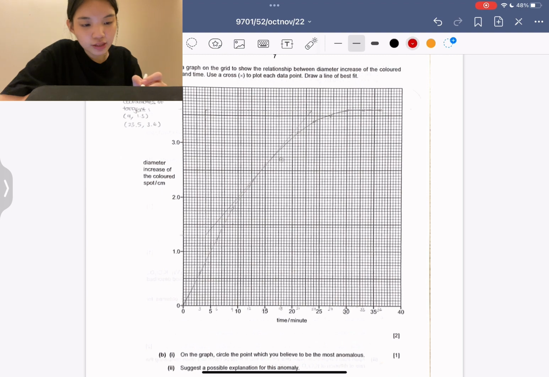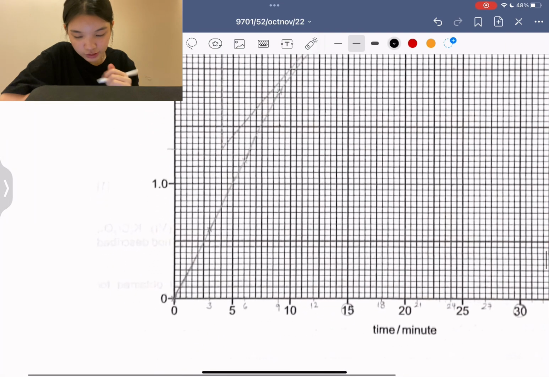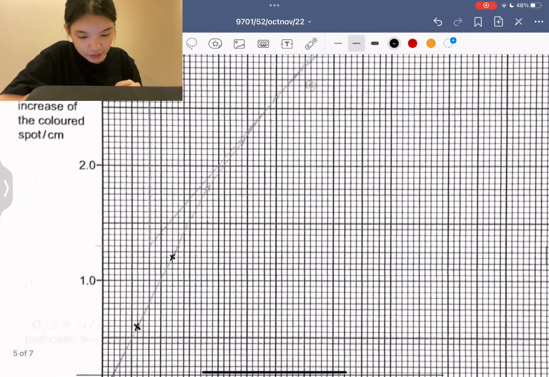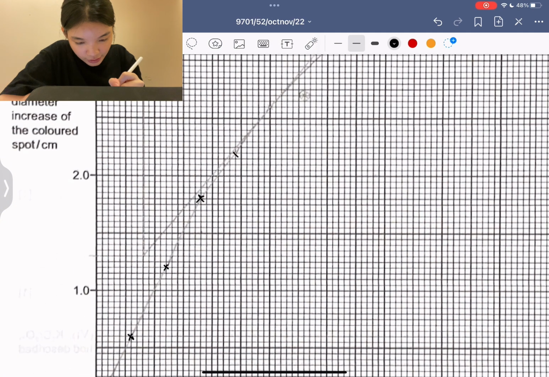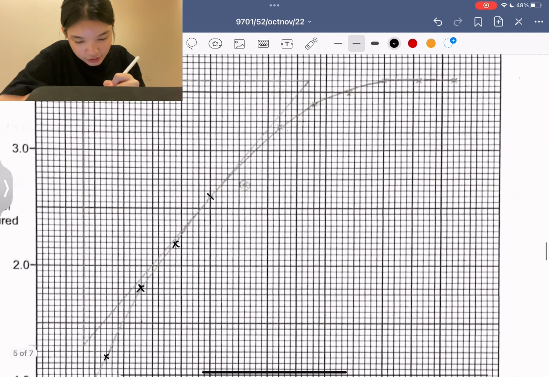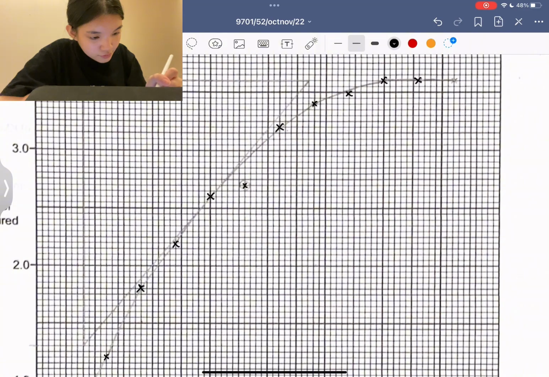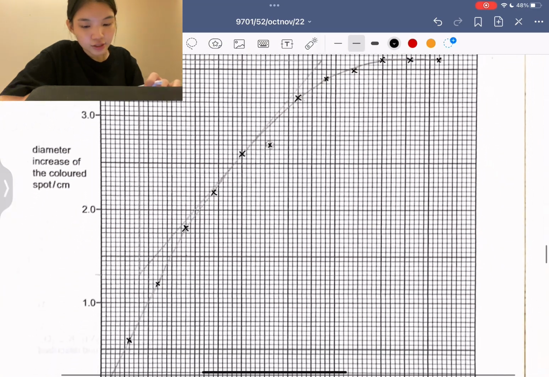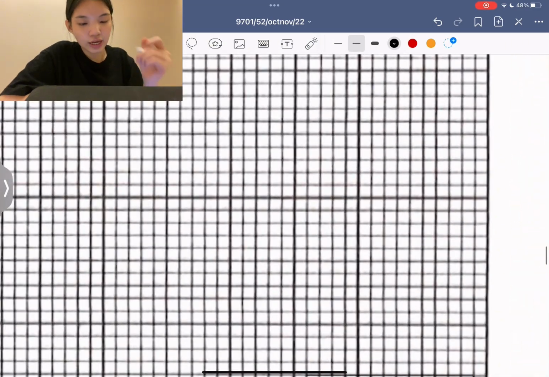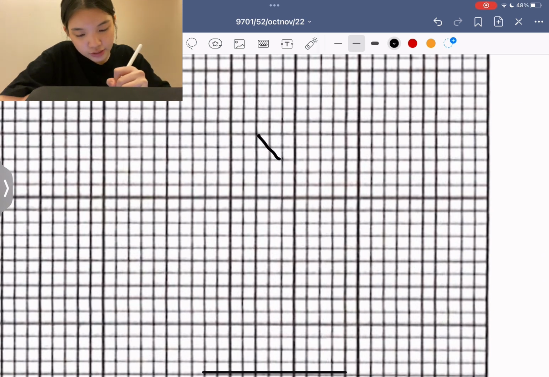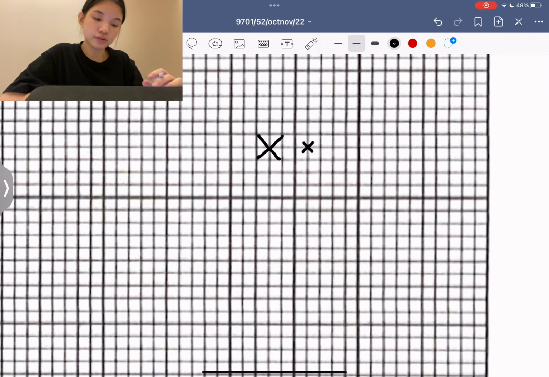Here you can't actually see it, but I've plotted it like that, and there's an outlier that I'm going to be instructed to circle later. To draw the x, you can't draw it as big as 4 squares. You have to do it around that size.